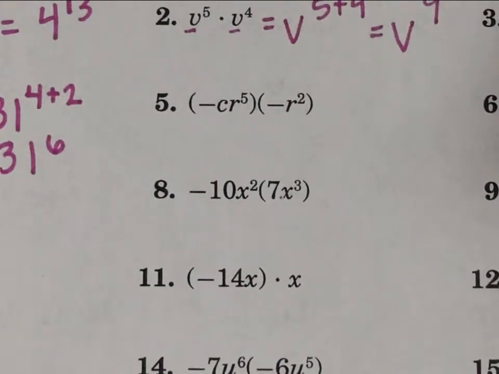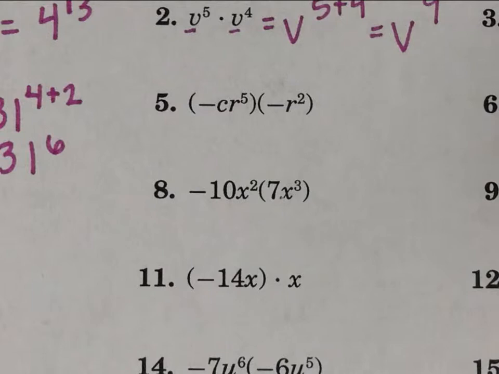Number 5, negative CR to the 5th times negative R to the 2nd. So what do I know? Is my answer going to be negative or positive? It's going to be a positive. But what am I doing with that C? Do I need to do anything with it? No, I don't have another C there with an exponent to add, right?